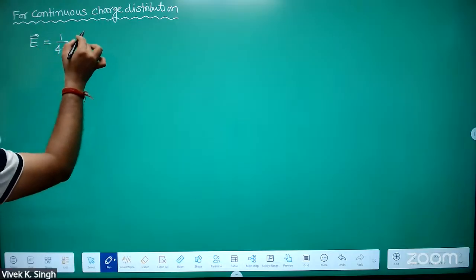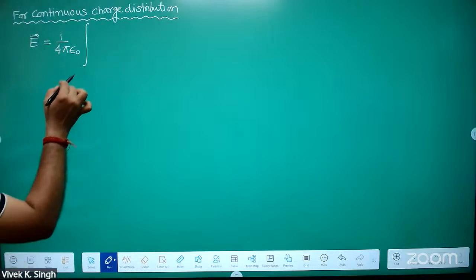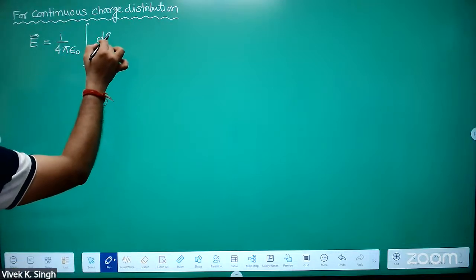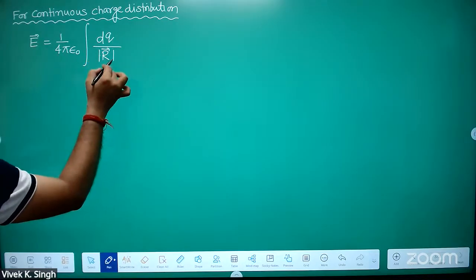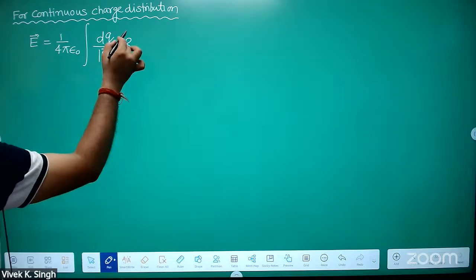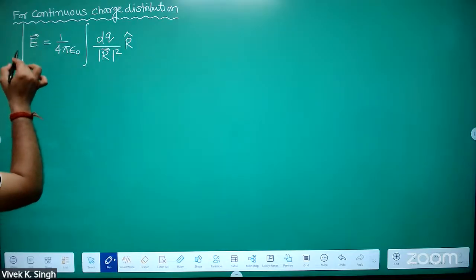Now the summation changes to integration. We will consider an elemental charge dq, and r distance away you will get the electric field.